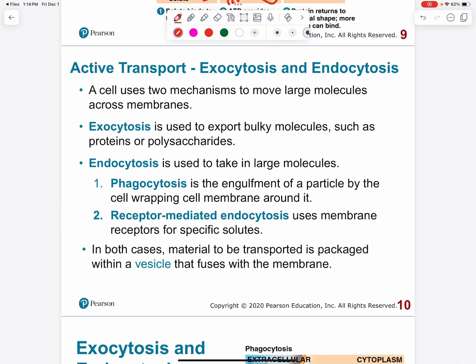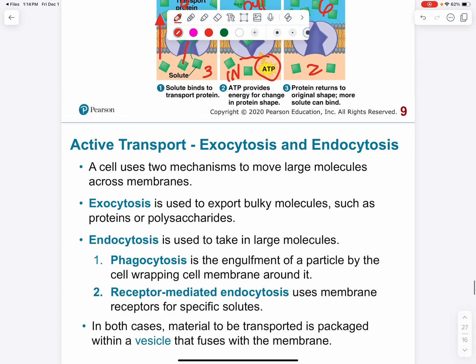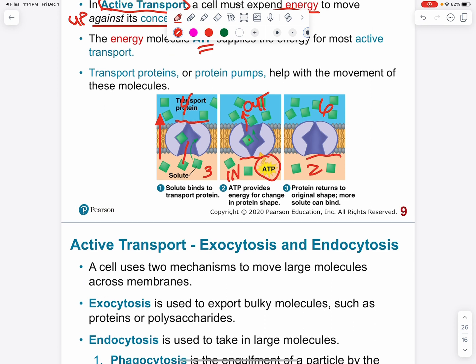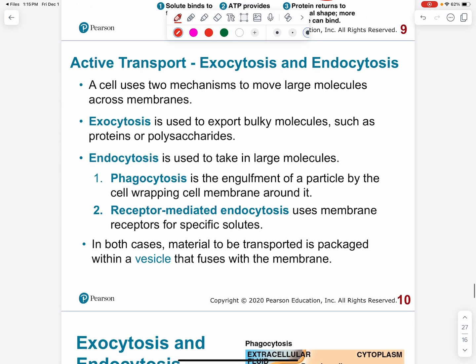Occasionally the cell has to move things that would not fit through here. So what if there is a big blob right here, as big as I'm drawing it, that can't fit through the protein? So it's going to have to go right through the cell membrane. When large molecules have to go through the membrane, it is called exocytosis or endocytosis.